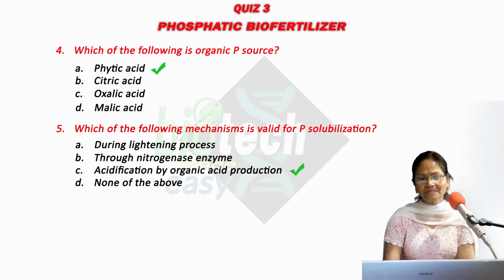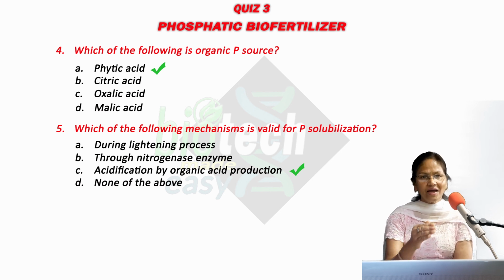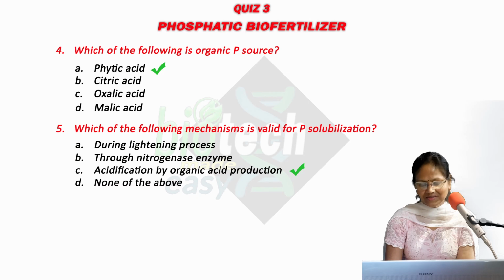Yes, this should be the right answer, because most of the microorganisms which can solubilize phosphate also produce organic acid. When organic acid is produced in the surrounding area, the pH is lowered, and that is a good environment for the solubilization of phosphorus, because an acidic environment is needed. So the right answer is C.